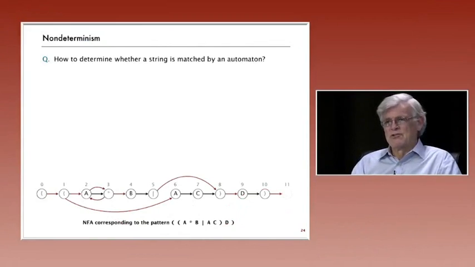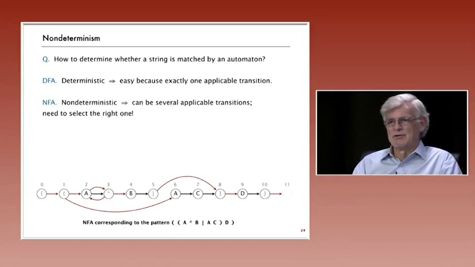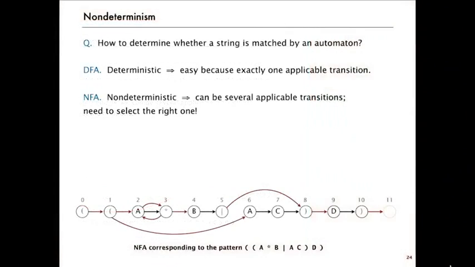So the question that we have is, we have this non-deterministic machine. How are we going to decide whether a given string is in the language that it recognizes? For deterministic machines, like we use for Knuth-Morris-Pratt, it's very easy because at every time there's only one possible transition. But for non-deterministic, if you're in some states, there's multiple ways to go, and you have to figure out the right transition.